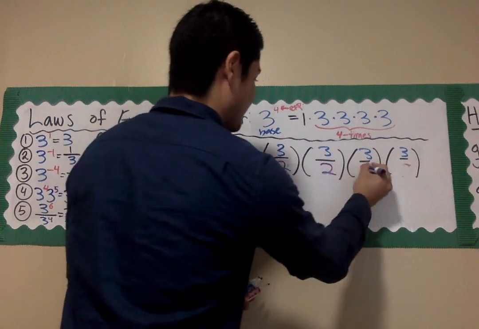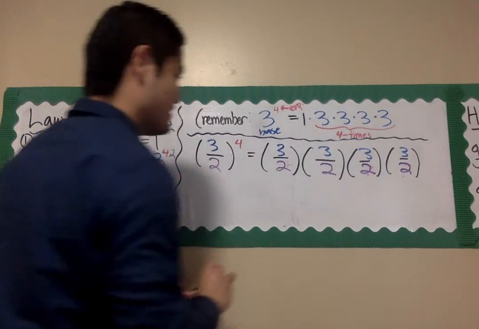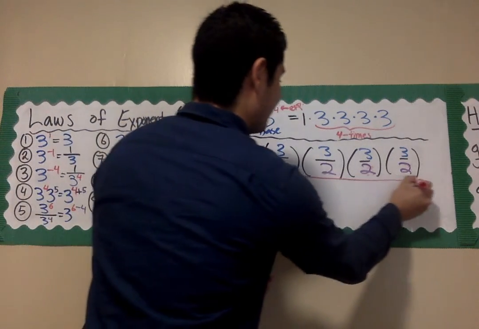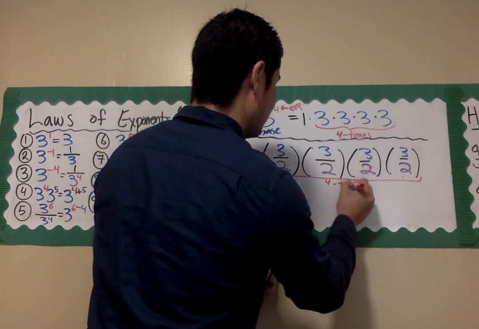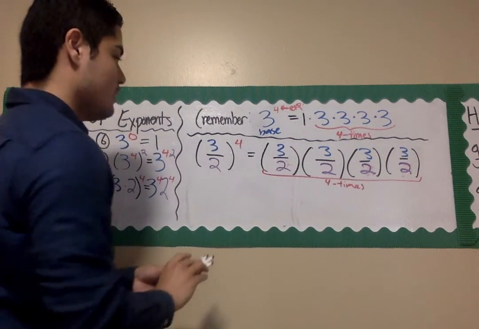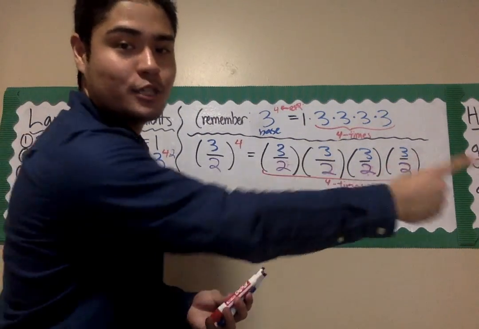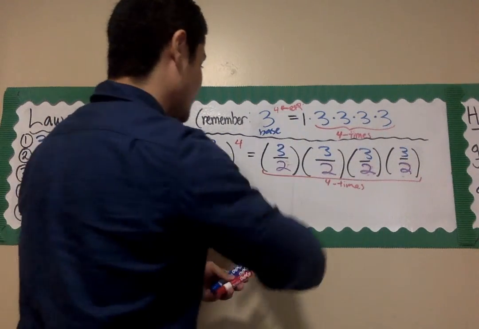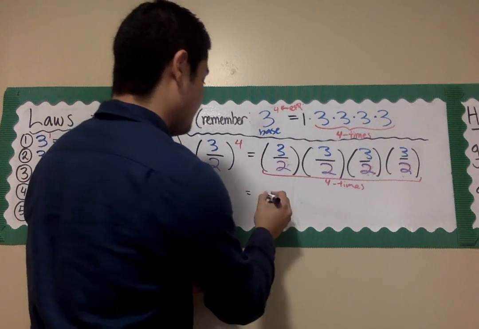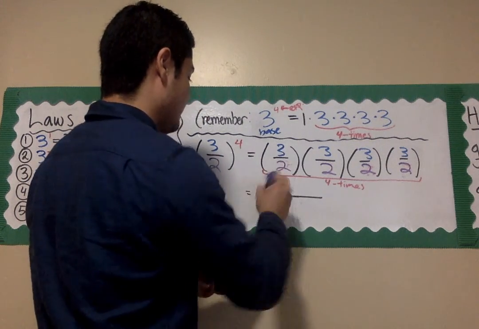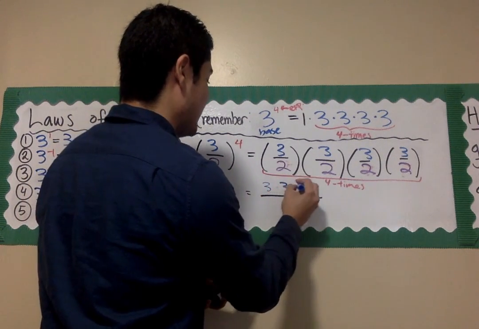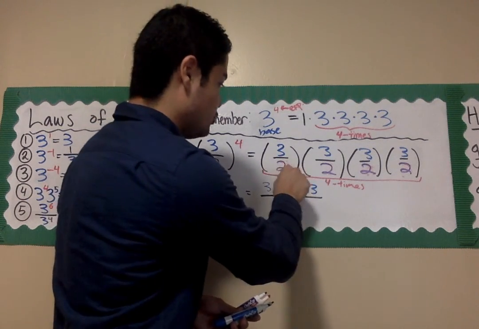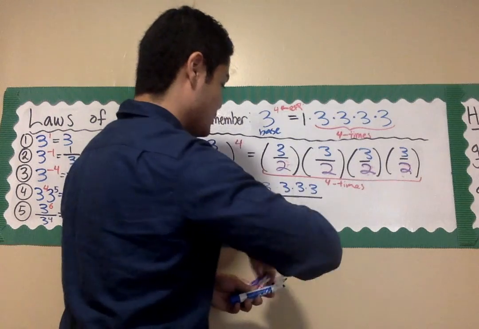I know if I don't keep the colors the same, you guys in class are going to tell me. Okay, so this is 4 times. Because we're multiplying fractions, I can multiply all the numerators together and all the denominators together into one fraction. So on the top, it's 3 times 3 times 3 times 3. In the bottom, 2 times 2 times 2 times 2.